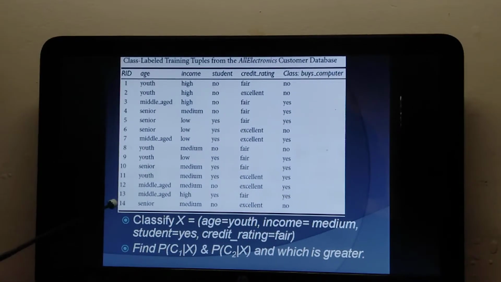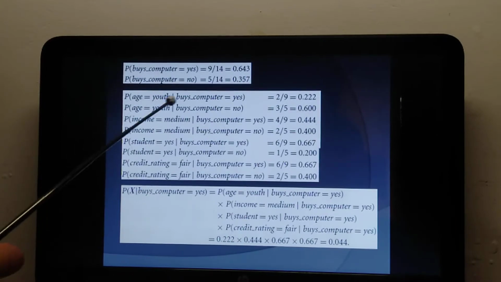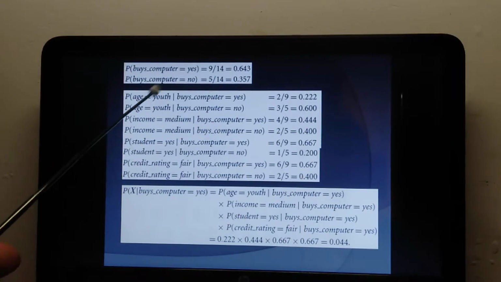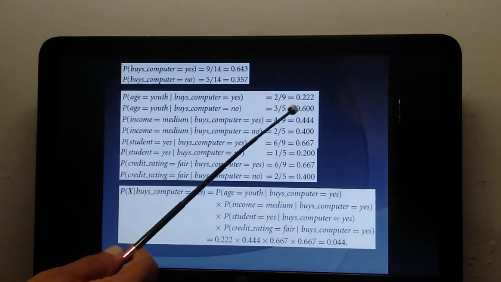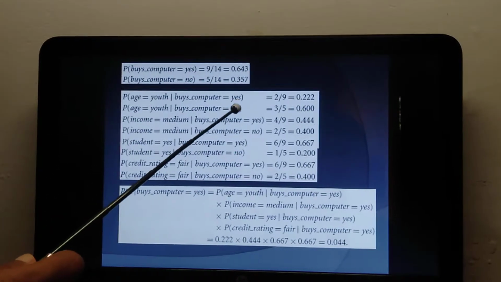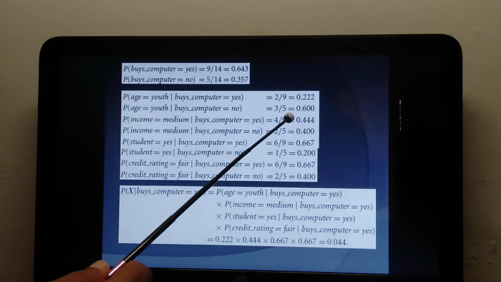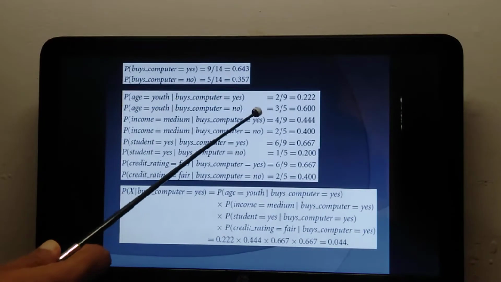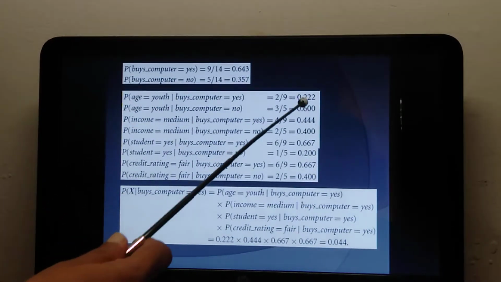All these are not youth. So out of 9, only 2 are youth. So the probability of youth given yes is 2 out of 9. Similarly, find for no, that is 3 out of 5. Out of the 5 no's, 3 are youth. So we have got the probability.